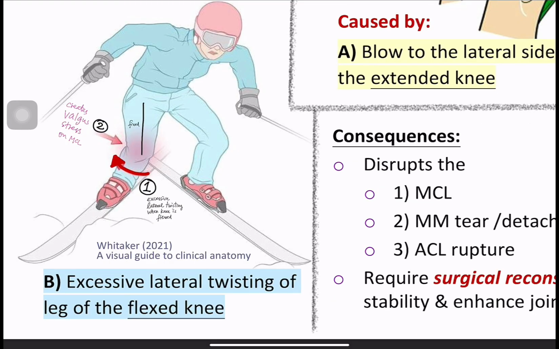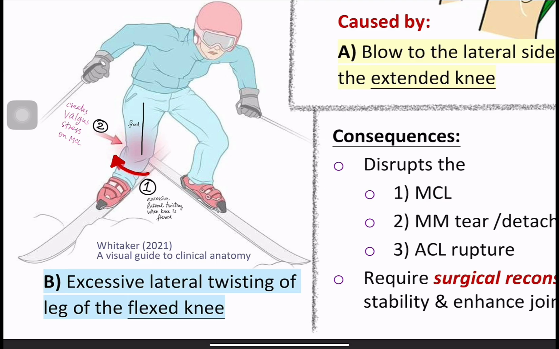During this twisting motion, the ACL is trying to prevent excessive rotation of the tibia on the fixed femur, right? However, the force often exceeds the tensile strength of the ACL. Simultaneously, this twisting motion creates a valgus force on the MCL, stretching it beyond its limits. And because the medial meniscus is firmly attached to the MCL, it gets caught in this rotational force and tears as well.